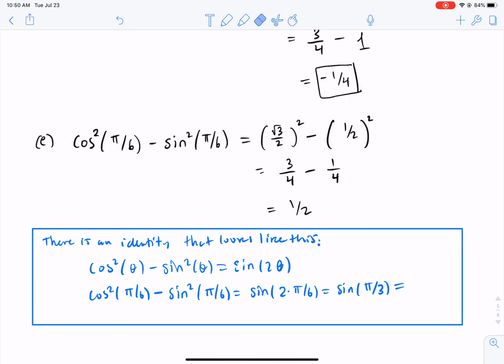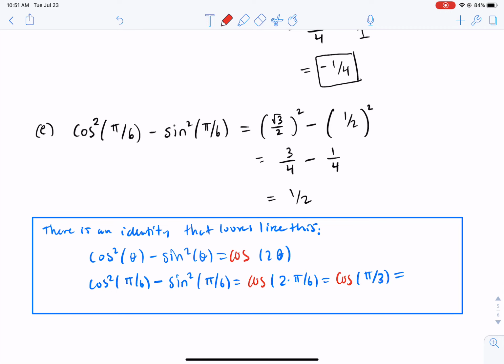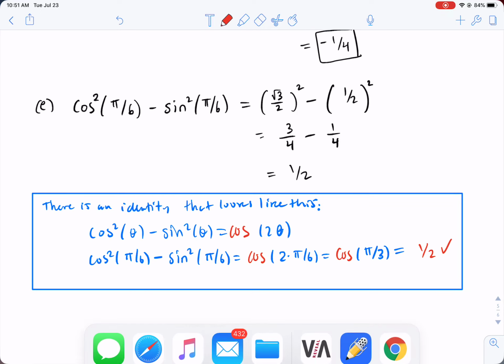This is supposed to be cosine. Cosine, there you go. That will work. So cosine squared theta minus sine squared theta equals cosine of 2 theta. Let's plug this into what we have here, and cosine of pi over 3 will be 1/2. So that will work out. But again, the identities will come later in our book. I'll come back to this one in a minute.